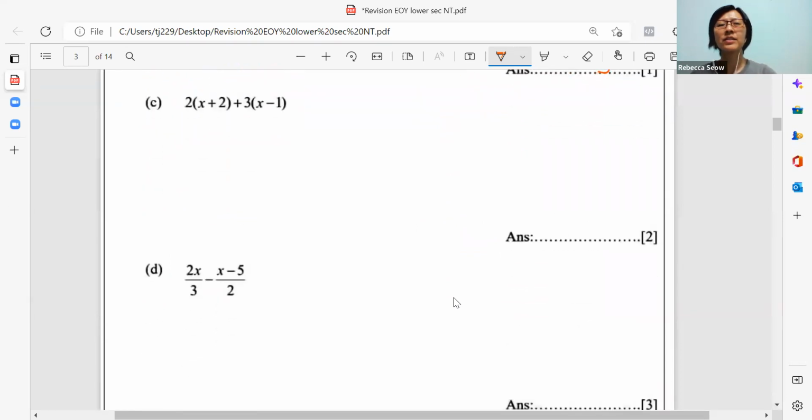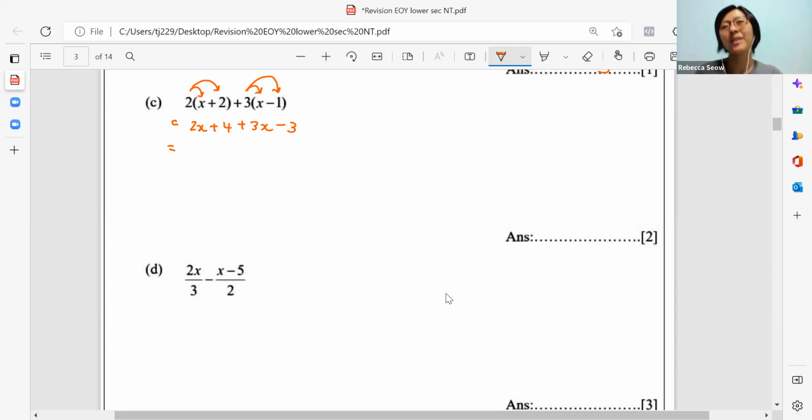Okay, let's take a look at C. So this is a question where there are brackets. And when there are brackets, we need to multiply the number outside the bracket to each of the terms inside. So from the first bracket, we have 2x plus 4. And from the second bracket, we have 3x minus 3.